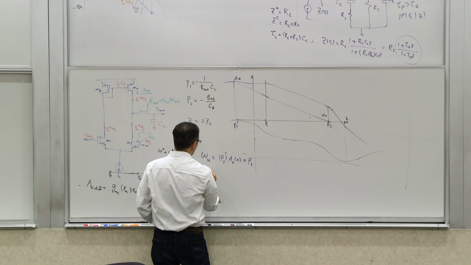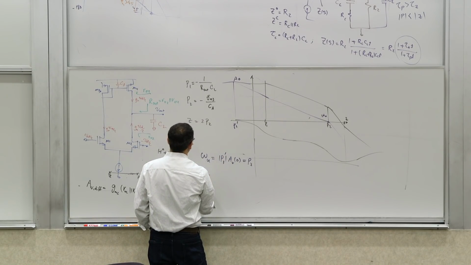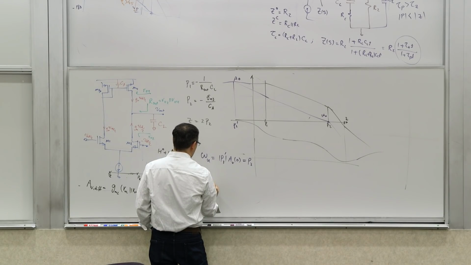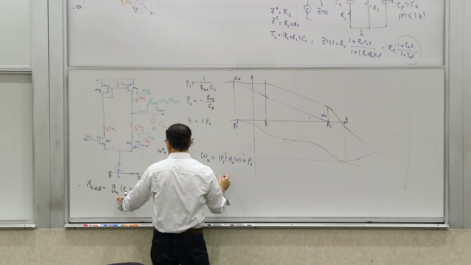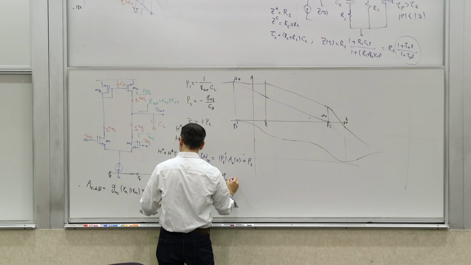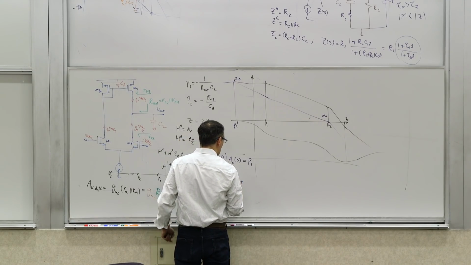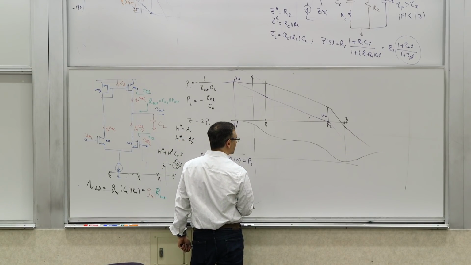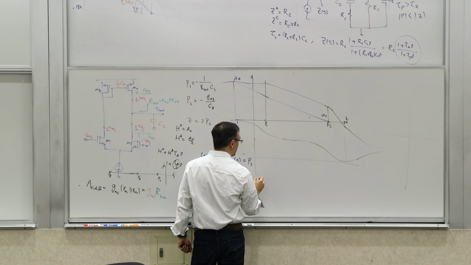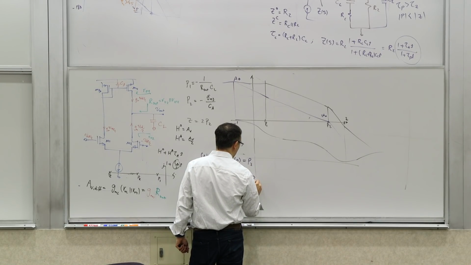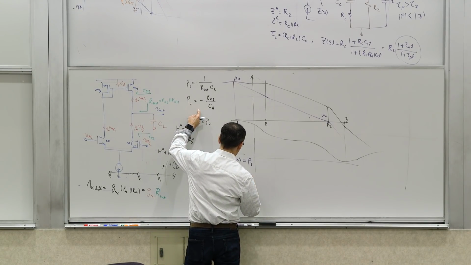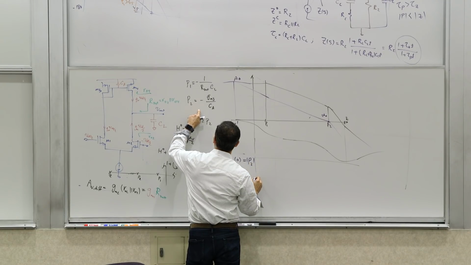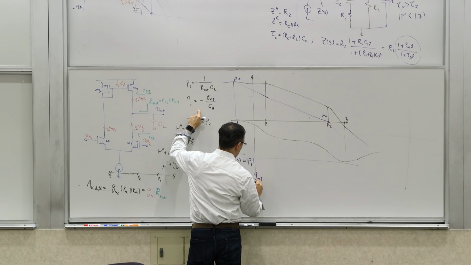So what are we going to get? We're going to get 1 over R out CL prime, the new value of CL, times AV. Now, AV is GM1 R out. So you want this to be smaller than or equal to the magnitude of P2, which is going to be GM3 over CA.